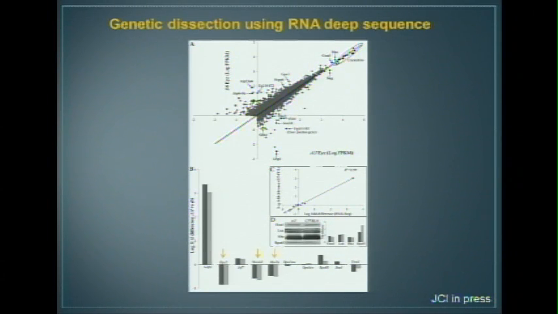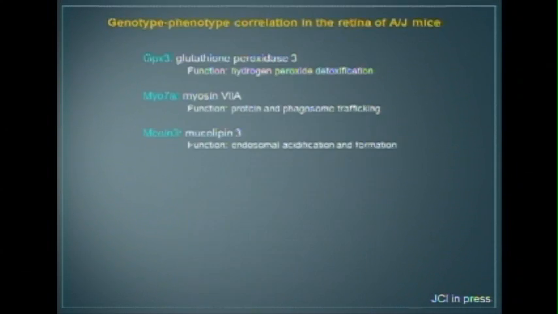And we picked 3 genes important for tissue maintenance: GPX3, Corin3 and MYO7A. The function of the encoded protein GPX3 is hydrogen peroxide detoxification.